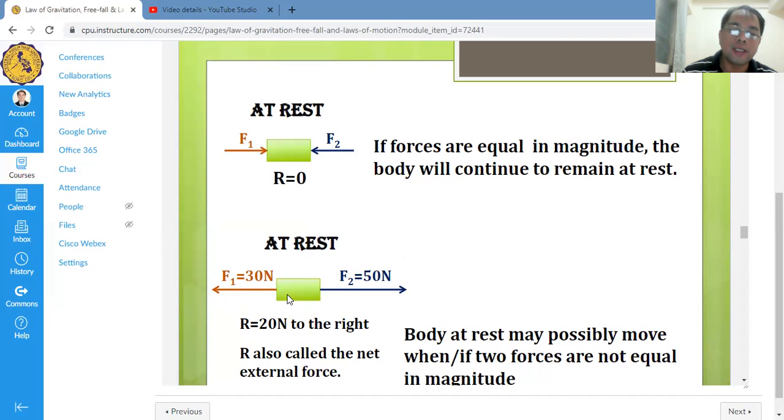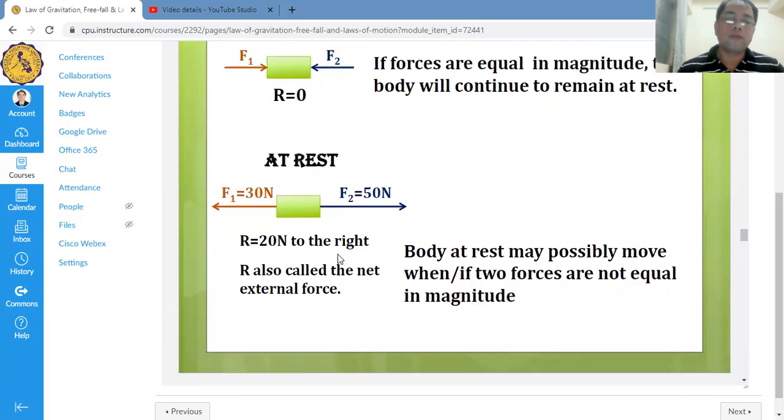The unbalanced force is known as the resultant, which is now 20 because 50 minus 30 is equal to 20. Initially, if they're equal, the resultant is zero. This is a condition we call unbalanced force. When there's an unbalanced force, the body will tend to accelerate or cause some kind of motion.